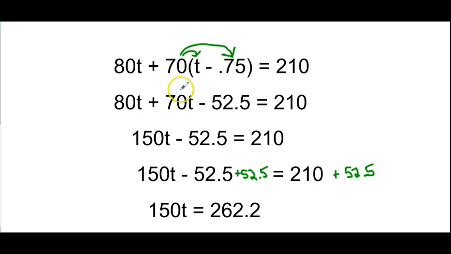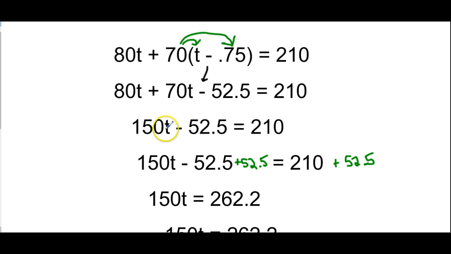So 70 times t is 70t. 70 times 0.75 is 52.5. And this minus sign you just carry down right here. That's that minus sign. So 80t plus 70t minus 52.5 equals 210. Combine like terms, 80t plus 70t is 150t. 80 tomatoes plus 70 tomatoes is 150 tomatoes.